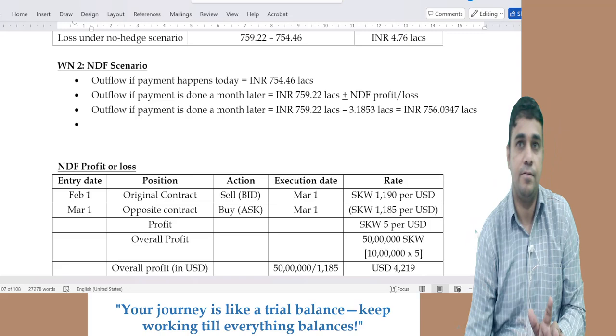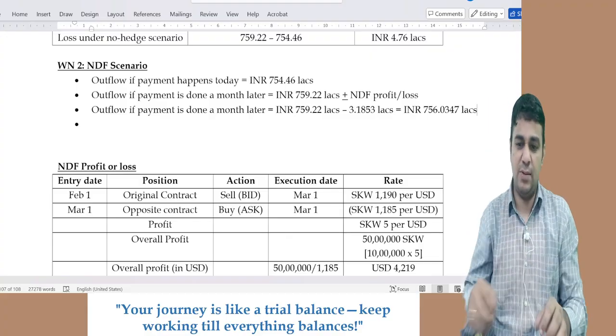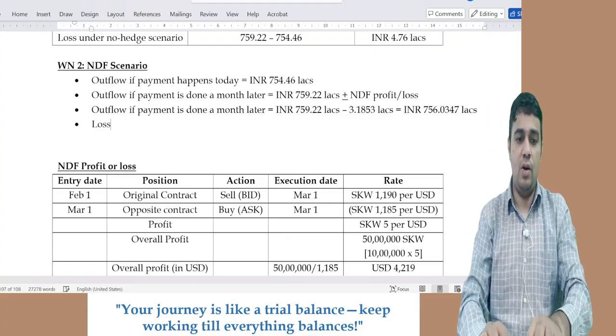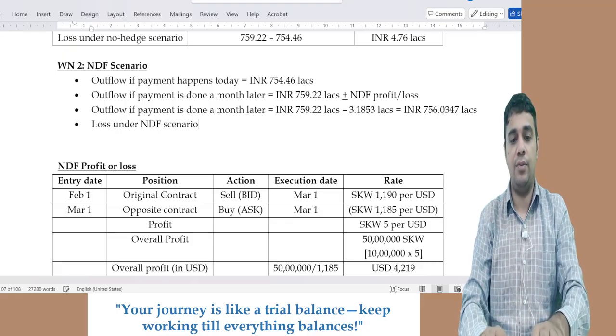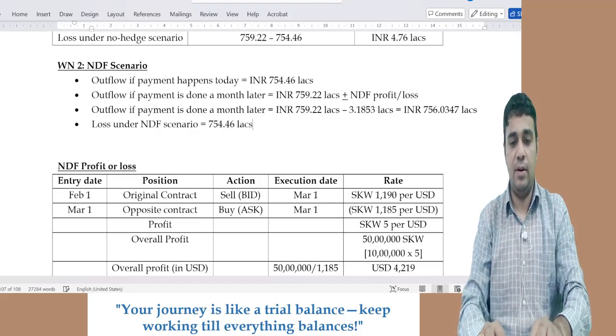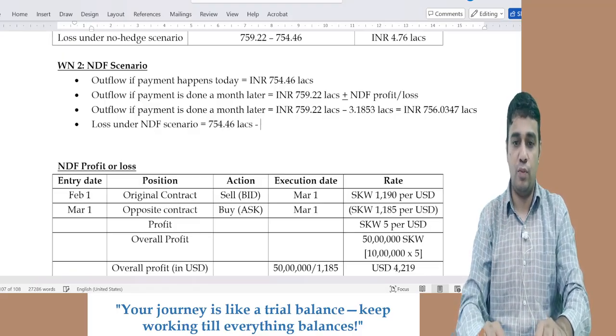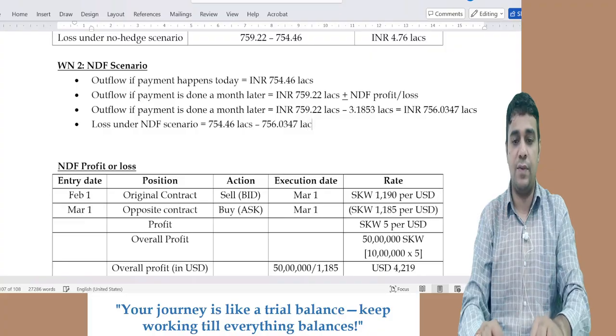756.0347. Any doubts on this? Right below this, loss under NDF scenario: 754 original payment, and I'm forced to pay more now, 756.0347 lakh.